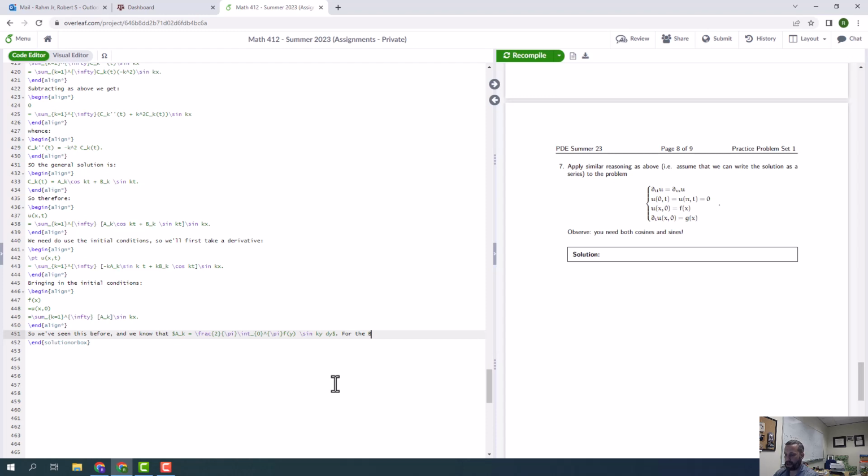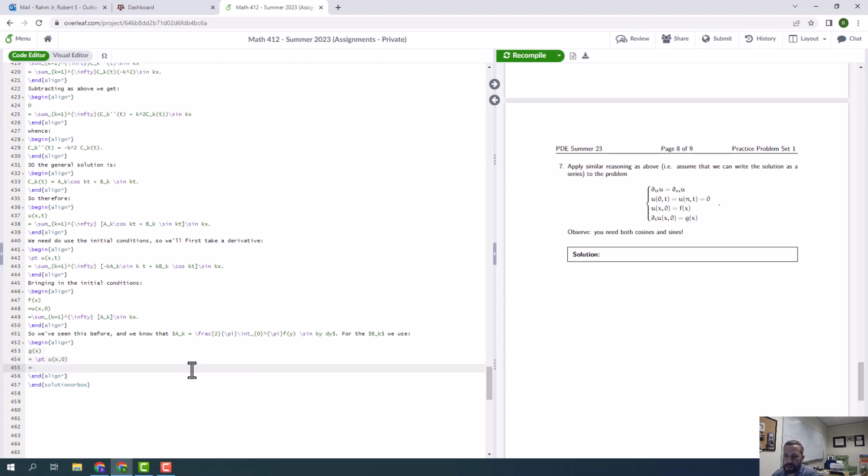For the b_k we're going to use the derivative. It's going to be very similar. We've done this part in class several times, finding the coefficients. So we've got g of x is equal to the t derivative of u evaluated at x,0.